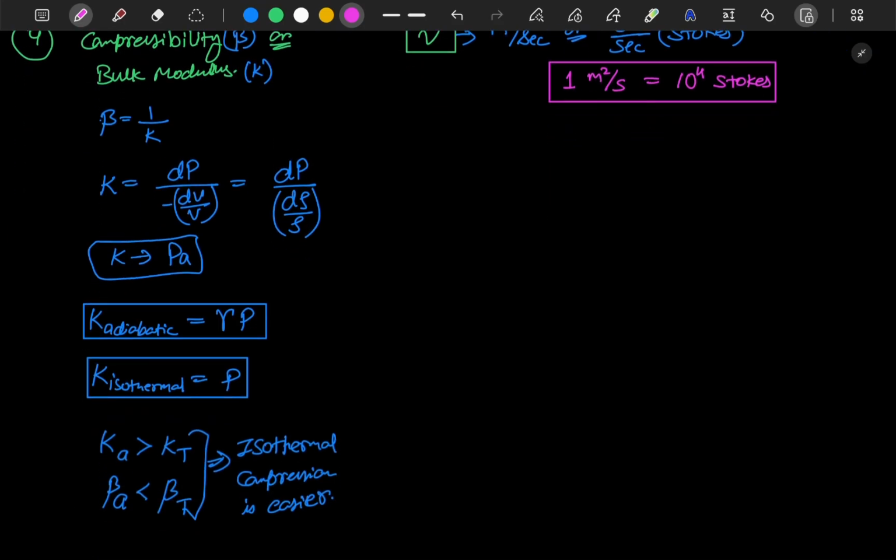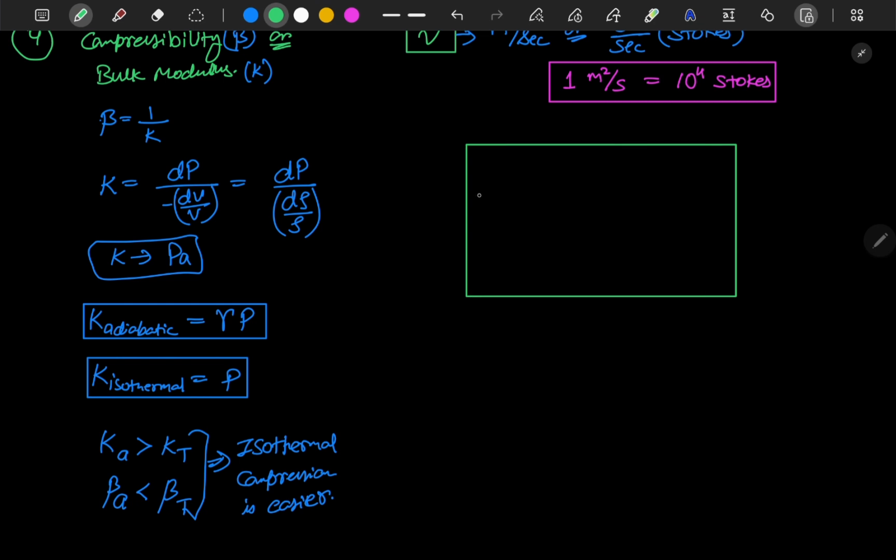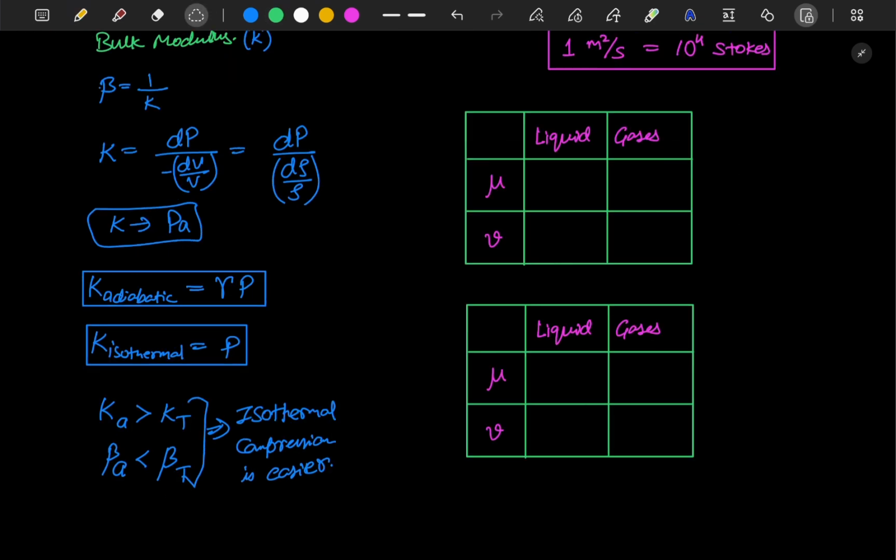So let's talk about the pressure variation and the temperature variation. When we increase the pressure, what will happen in case of liquids and gases, and when we increase temperature, what will happen to viscosities in liquids and gases.